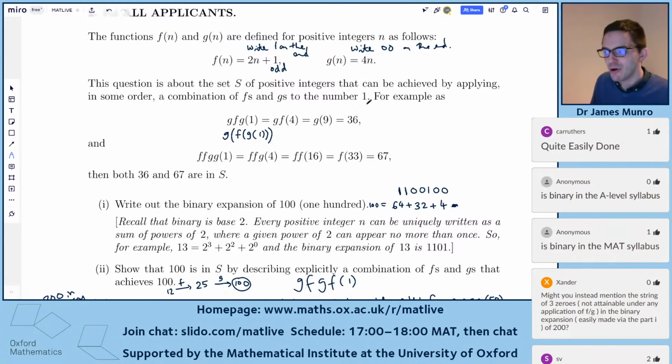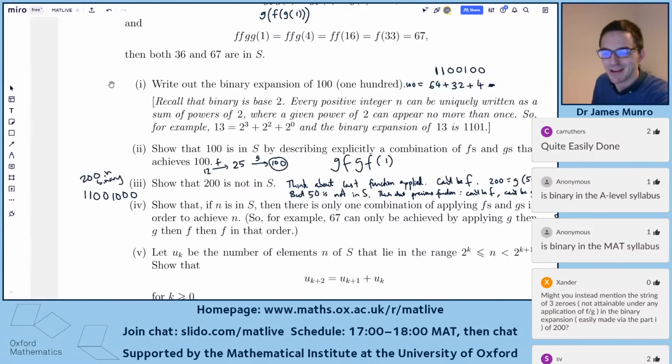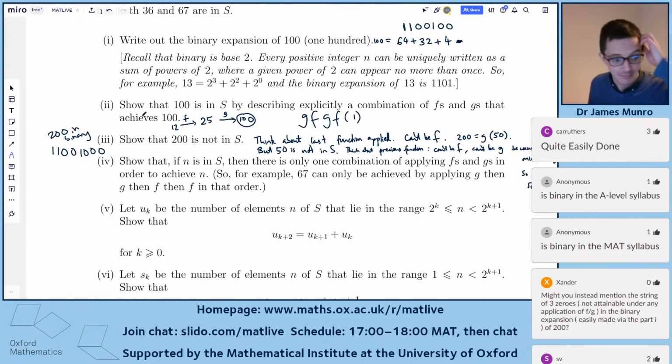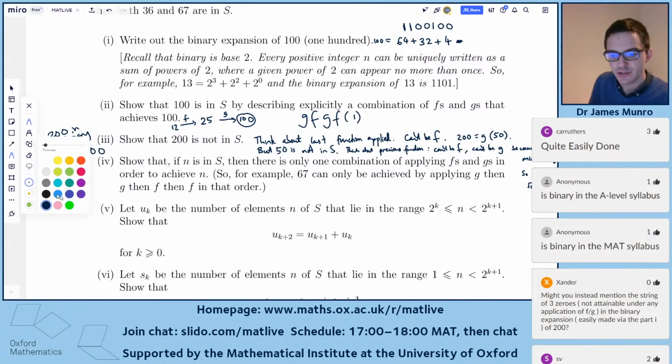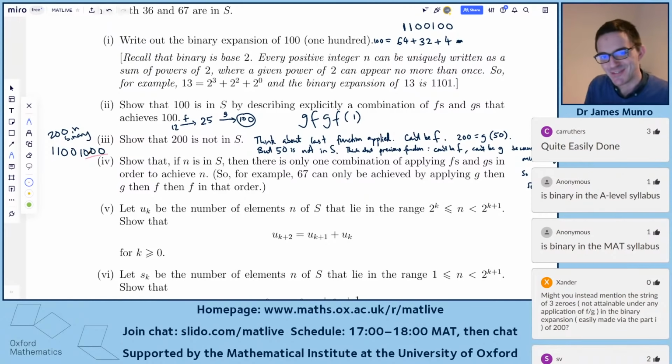So if you start with 1 and then you just write 1 on the end or 00 on the end, then the things you can make have 1s in or double 0s. The zeros all appear in double 0s, like in Bond. Whereas 200 has this string of 3 zeros at the end, which means you can never make it because you can never get an odd number of zeros in a row.